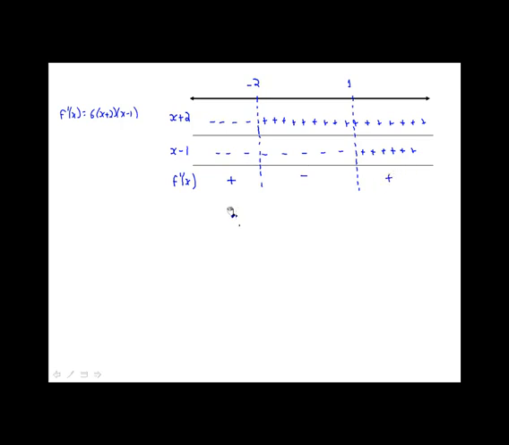So what I usually do to indicate the actual nature, increasing or decreasing, is I put an arrow upwards in the positive, arrow downwards in the negative, arrow upwards in the positive. Then to formally note where it's increasing, I would say in the interval from negative infinity to negative 2, union with the interval from 1 to positive infinity.